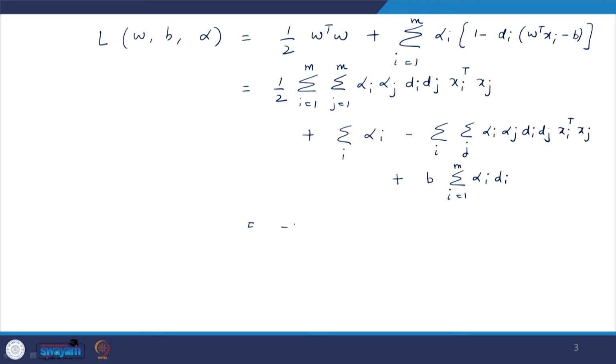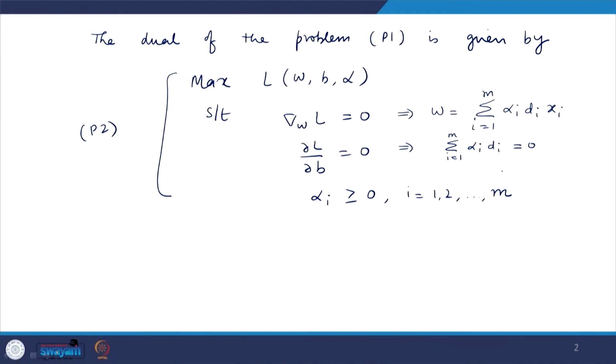So this is nothing but minus 1 by 2 double summation over i and j of alpha_i alpha_j d_i d_j x_i transpose x_j, plus summation of alpha_i over i. This will be the objective function of the dual problem, subject to the conditions we have here.